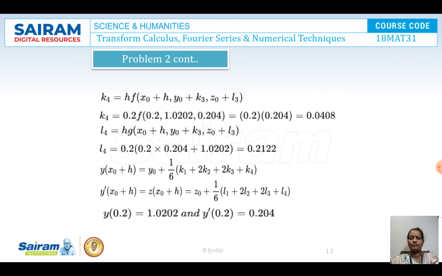Next, K4 and L4. K4 is given by h into f of x naught plus h, y naught plus k3 and z naught plus L3. So, on substitution of the values, we are getting x naught plus h as 0.2, y naught plus k3 as 1.0202 and z naught plus L3 is 0.204.